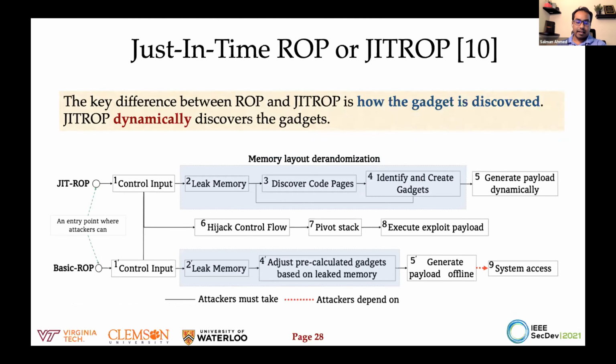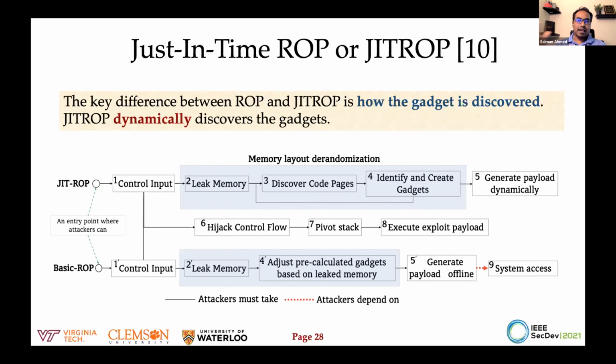In basic ROP, as I said, attackers prepare the whole gadget chain statically and offline, and depend on a single memory leak to readjust all the other gadget addresses. But when we have fine-grained ASLR, this is no longer possible. We need to compute the address of each gadget we need to prepare our gadget chain. That's what sets JIT ROP apart from basic ROP.